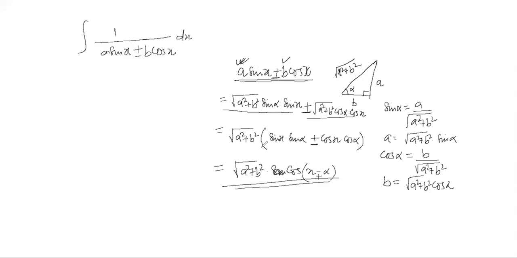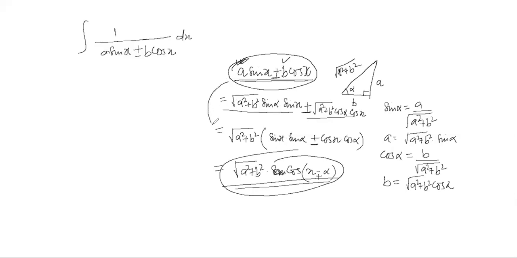Here we observe that the original trigonometric expression contains two terms, but the result contains only one term. The main idea of getting this formula is that in integration we want to minimize the number of terms.